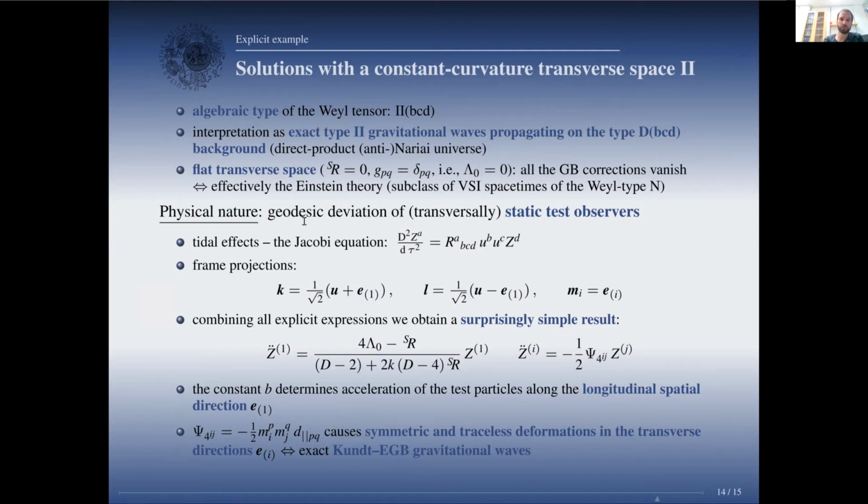The physical nature can be observed from the geodesic deviation of, say, static observers.